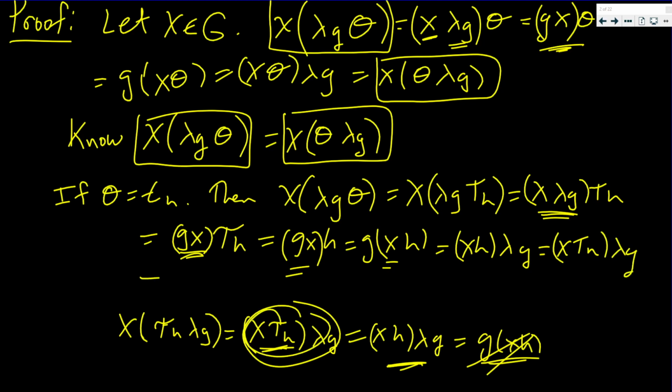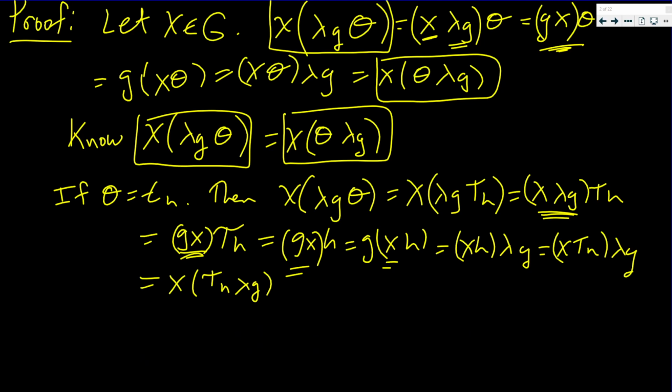And this ultimately equals that, x tau h lambda g. So now what I want to say is, okay, there's a way of writing it in one string. That is, this is equal to that.